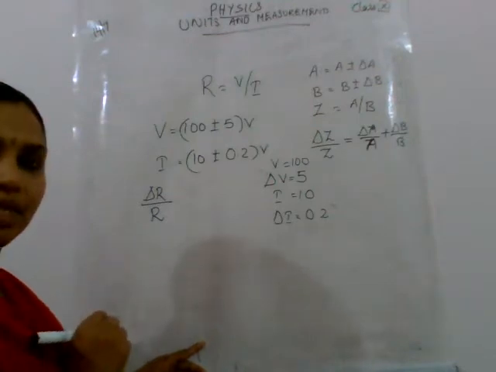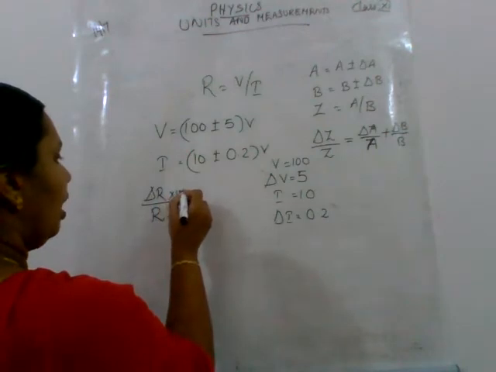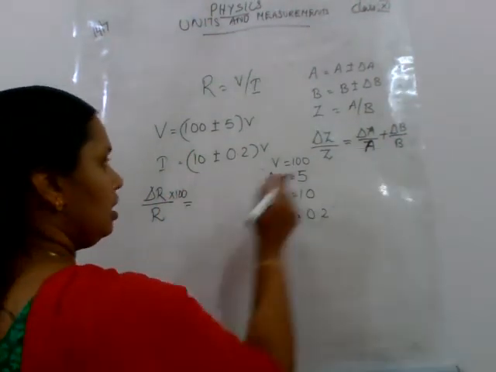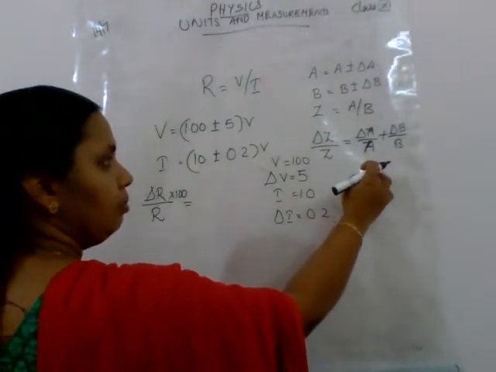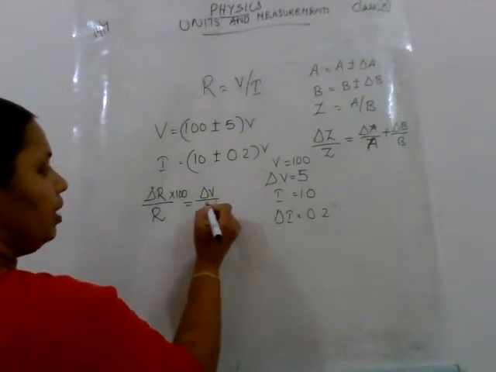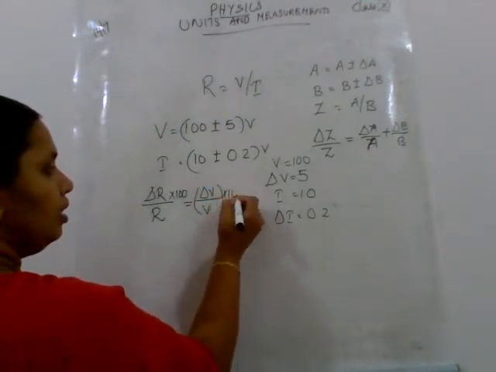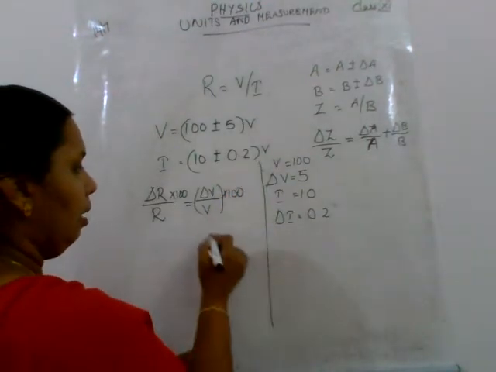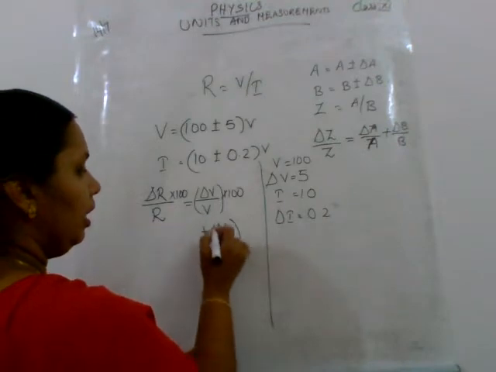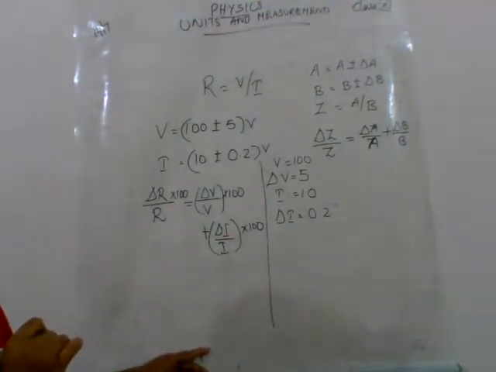And here the question is percentage error. Find out the percentage error. So delta R by R into 100 is equal to, as per the equation, delta V by V into 100 plus delta I by I into 100, because we have to find out the percentage.